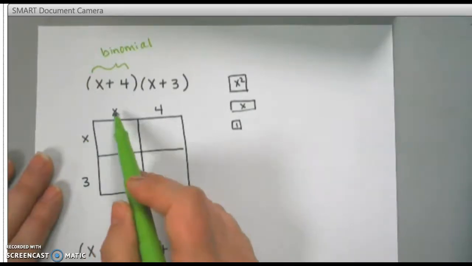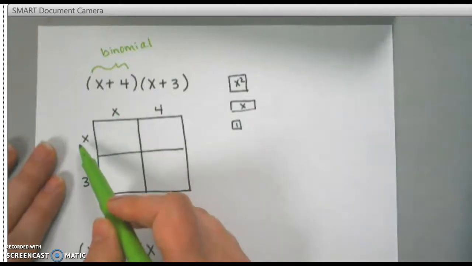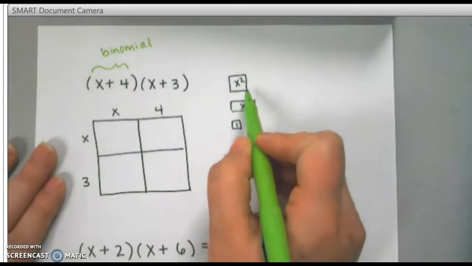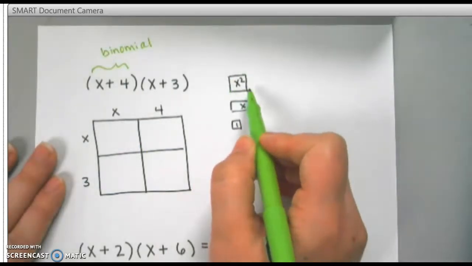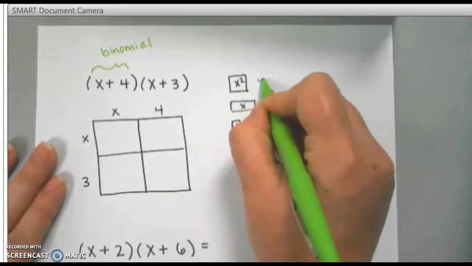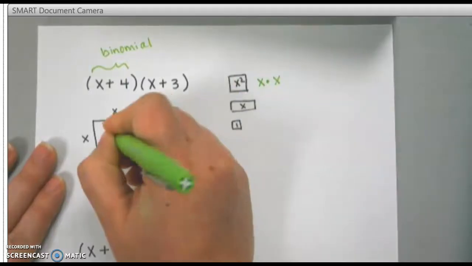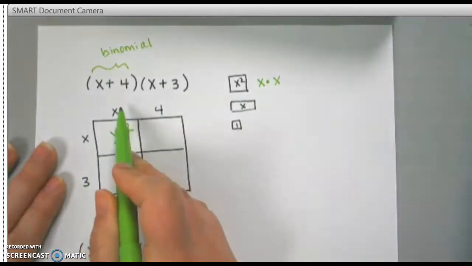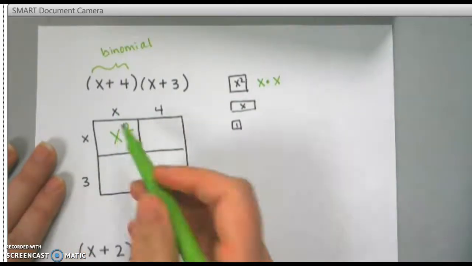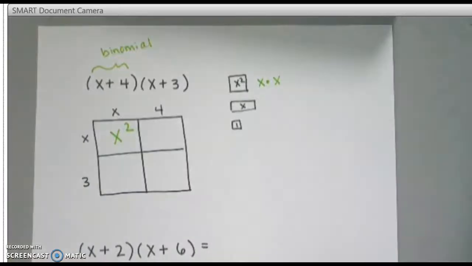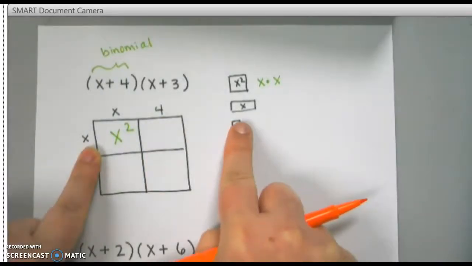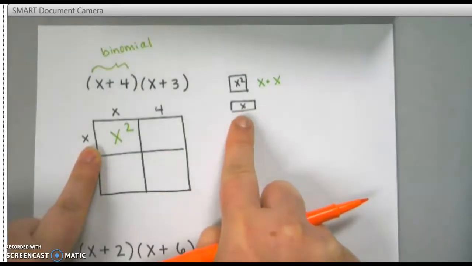So every single time you have x times x, x times x is always going to make a big x squared. X times x is x squared. Whenever you're multiplying a constant times x, that's going to make your x terms.